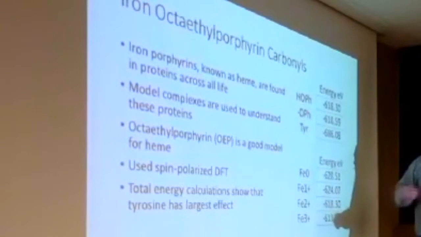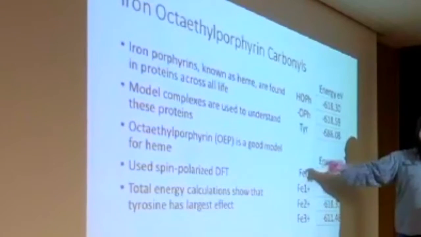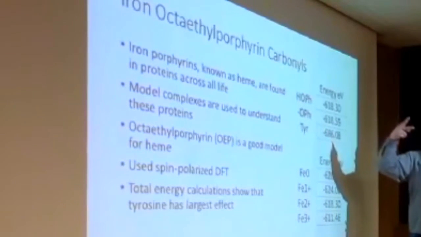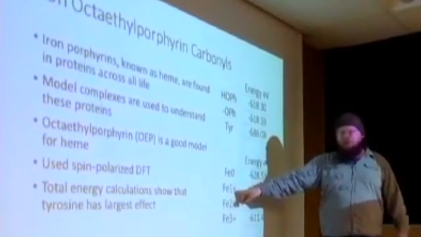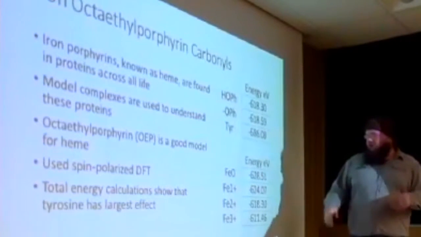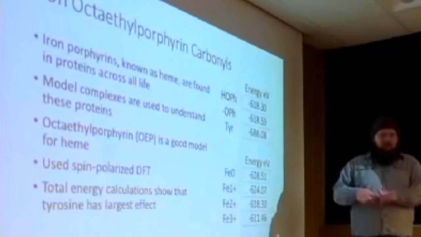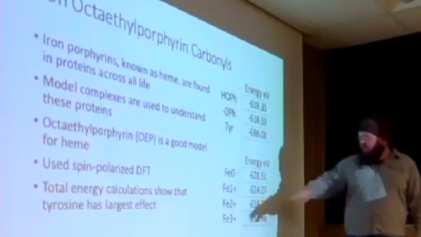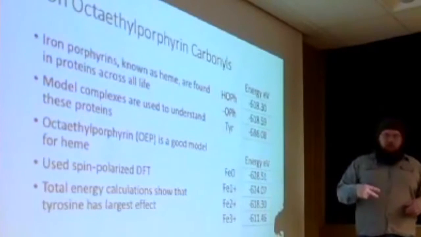It's a very strong field ligand. So there should be 3 filled orbitals here with 2 unfilled d orbitals. And then when you go to iron 1, it will be 2 that are filled, 1 that has 1 electron in it, so it's a doublet, and then 2 that are unfilled. And then the ferrous iron here, iron 2, should be 2.